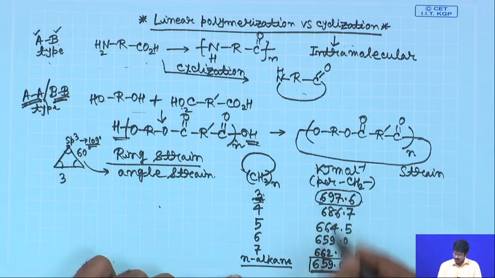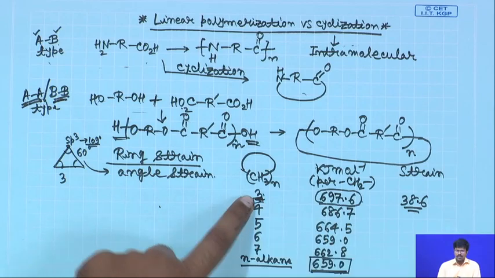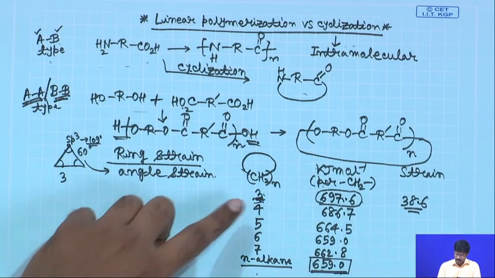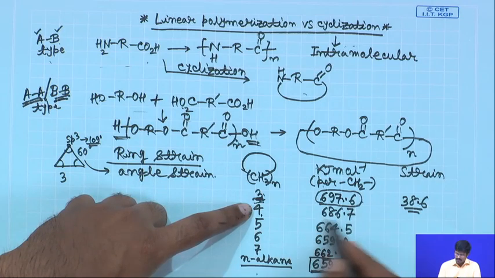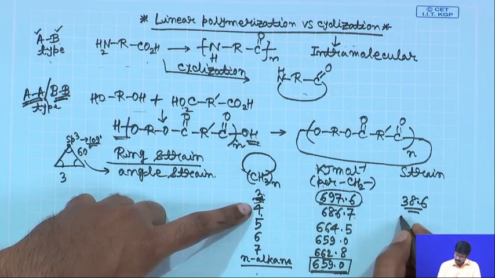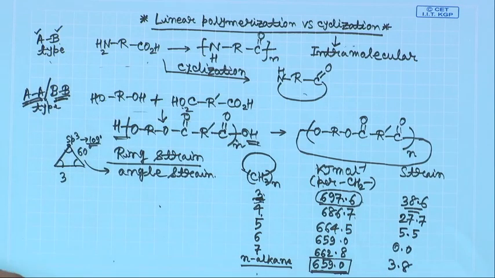This difference will give you 38.6 kilojoules per mole strain per CH2 unit for the 3-membered ring. The reference is n-alkane. Correspondingly for 4, the strain is a little bit lower because this heat of combustion is lower. That will be 27.7, and for 5-membered ring it is 5.5, 6-membered ring it is 0, 7-membered ring it is 3.8, and so on and so forth.